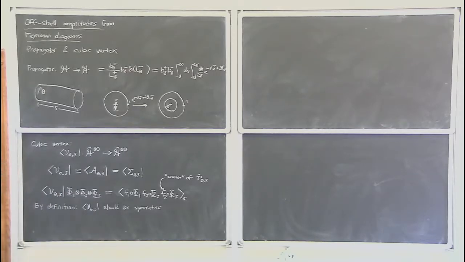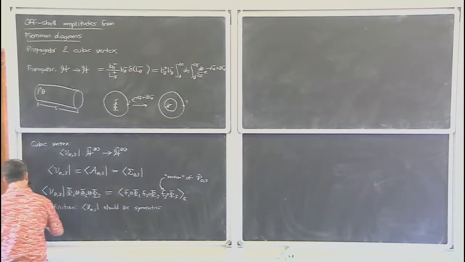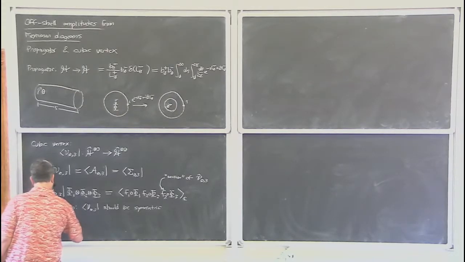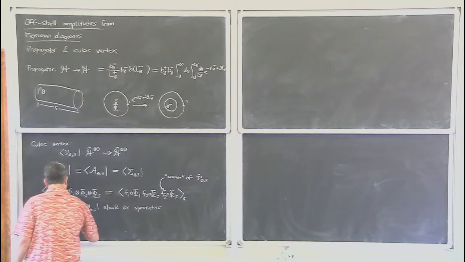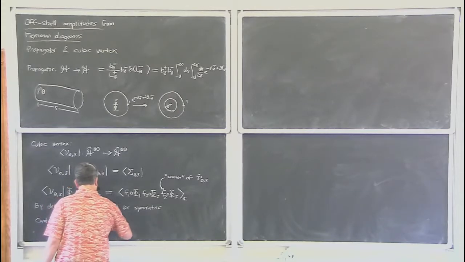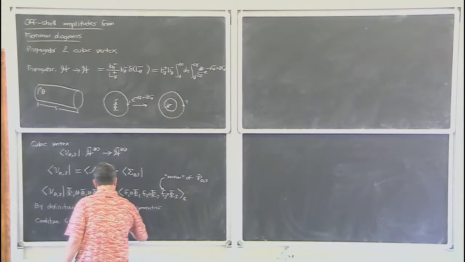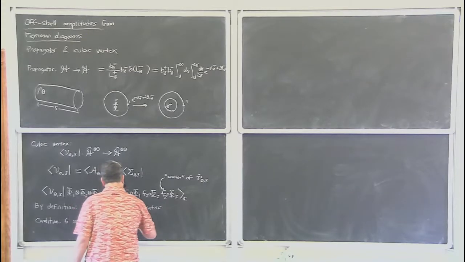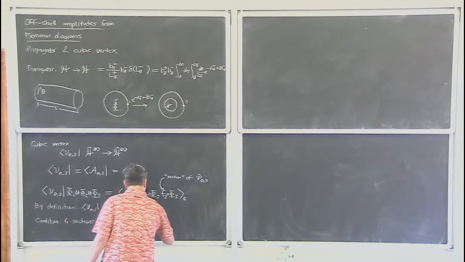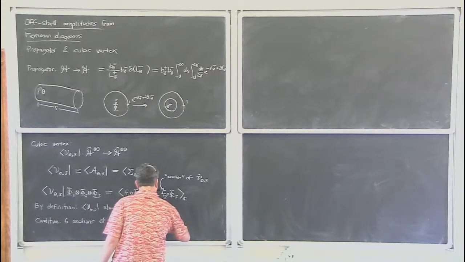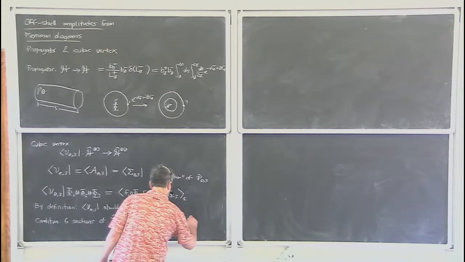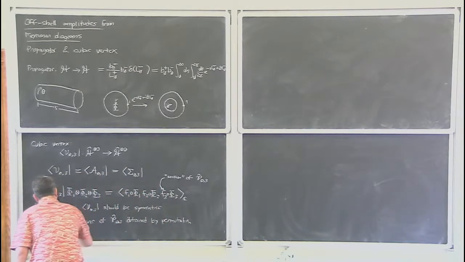Instead, you impose a condition that the 6 sections of P hat 03 obtained by permutation are identical.